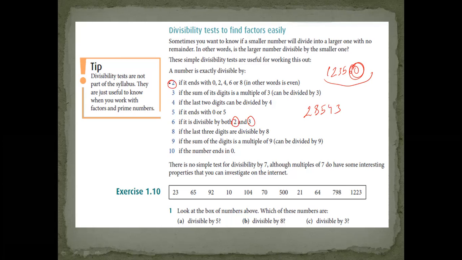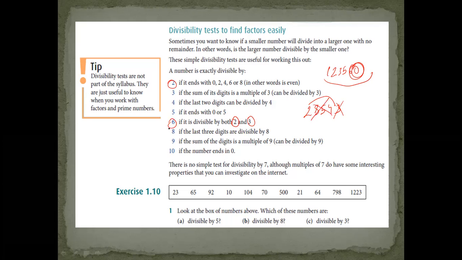Let me check it. For 2, the last digit must be 0, 2, 4, 6 or 8, and here it is not even. That's why this number is not divisible by 6. And what about 3? The sum of digits must be a multiple of 3. The sum of digits, 2 plus 8 is 10, 15, 19, 22. 22 is not divisible by 3. That's why this number is also not divisible by 6.